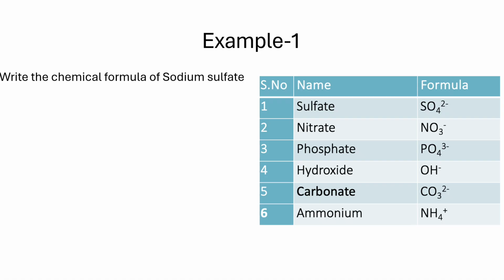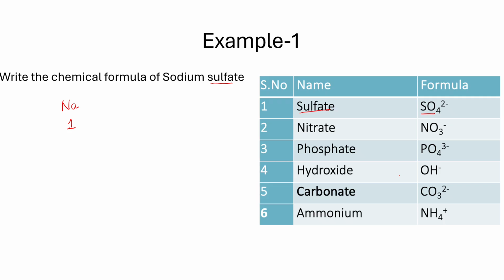So let's say I have to write the chemical formula of sodium sulfate. So if you refer to the periodic table, sodium has the symbol Na and it belongs to group 1 of the periodic table, which means its valency is 1. Now we look for sulfate in our table. We see that this is sulfate.